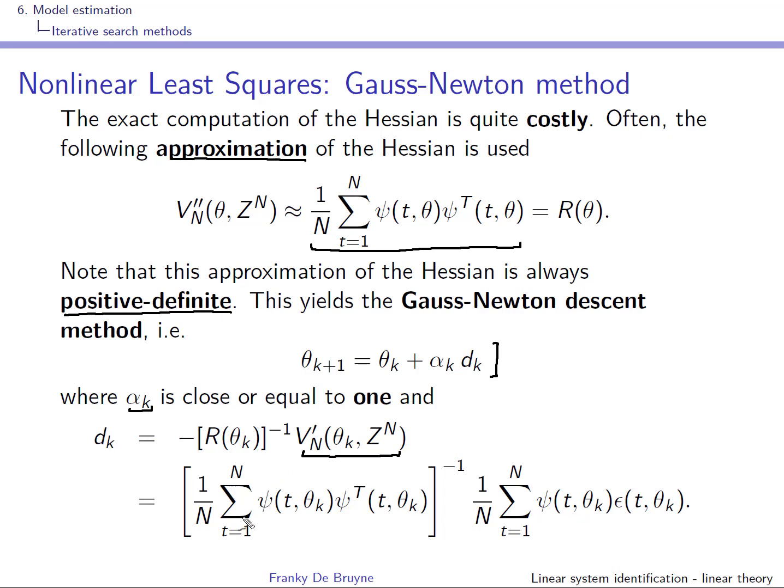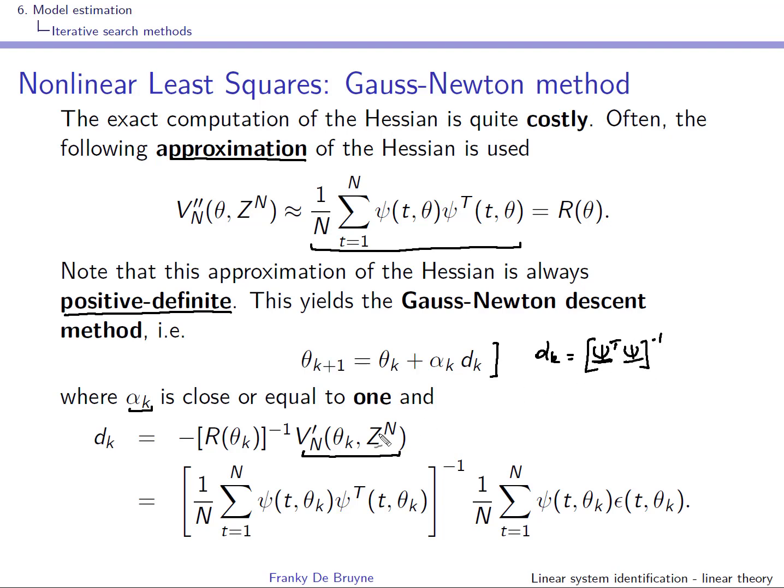This means that you can rewrite this using matrices. So d k, you can write as follows. We'll have to use matrices, so this is the psi matrix, and I'll put a bar over it.